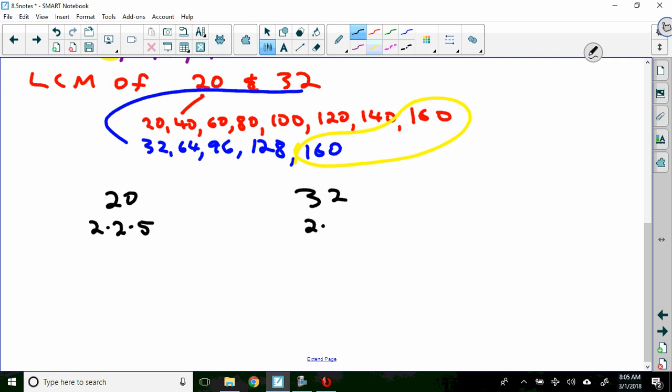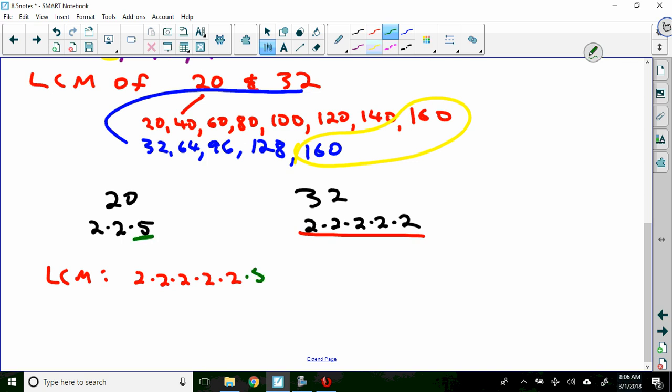And this is 2 times 2 times 2 times 2 times 2. This has 5 2's in it. This only has 2, but that other one had 5 in it. So maybe our LCM is going to be this 2 times 2 times 2 times 2 times 2 times the factor that this thing has that this other thing didn't, times 5.